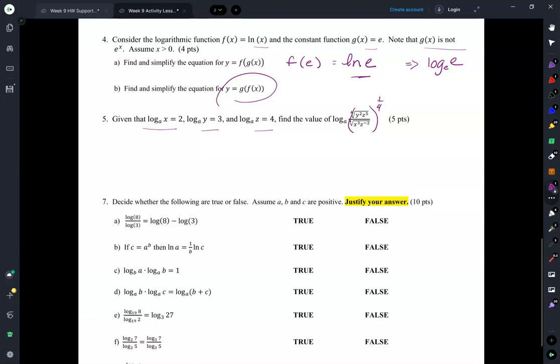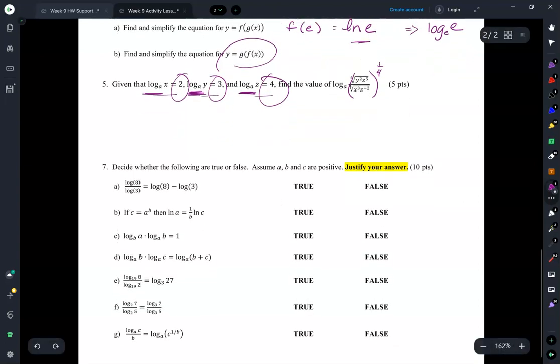And then once you get everything looking like these expressions here, you're going to substitute in the numbers and come up with a numerical answer. Okay, so that one's a little bit trickier, so try to write out as much work as you can to get credit.